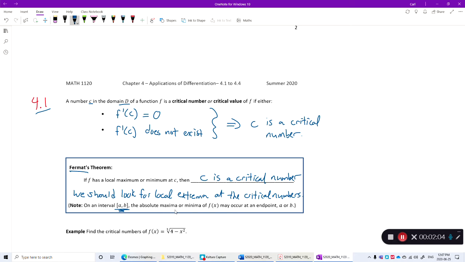In that case, it would not be a local max or minimum. A point at the end is not considered a local max or min, even if it is higher, because it doesn't have an interval around it.